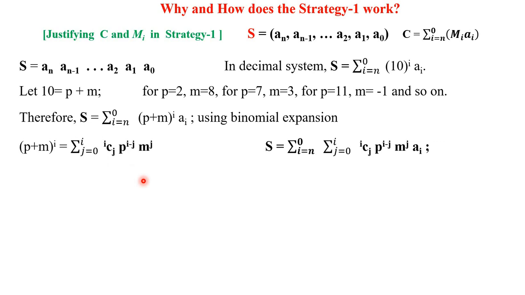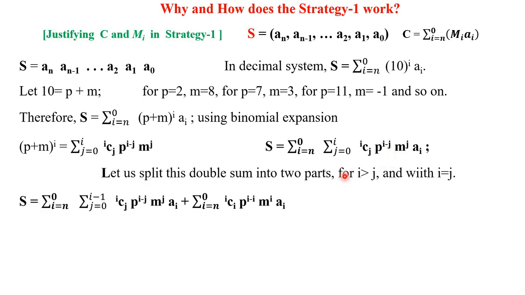This is called binomial expansion. Now inside this (P plus M) to the power I, a summation over j comes, and already a sum over I is there. So it's a double sum, I from 0 to n and j from 0 to I, of this quantity.